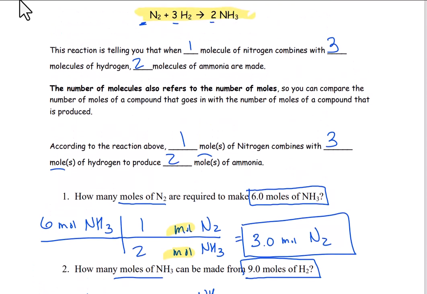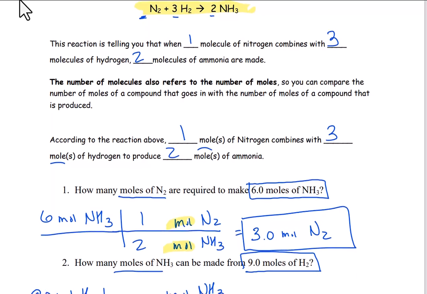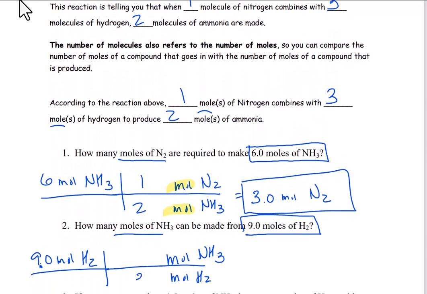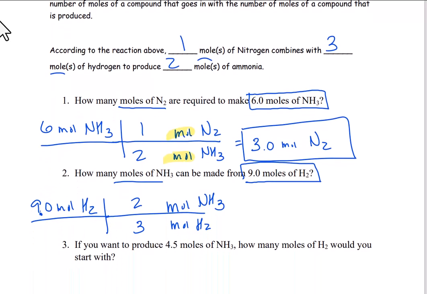I look up at the top, and for hydrogen, I should be putting a 3, and for NH3, I should be putting a 2. Again, those numbers are coming from the balanced equation, a 3 and a 2, just like they came from the recipe a minute ago. So multiplying and dividing, I get 6 moles of NH3.